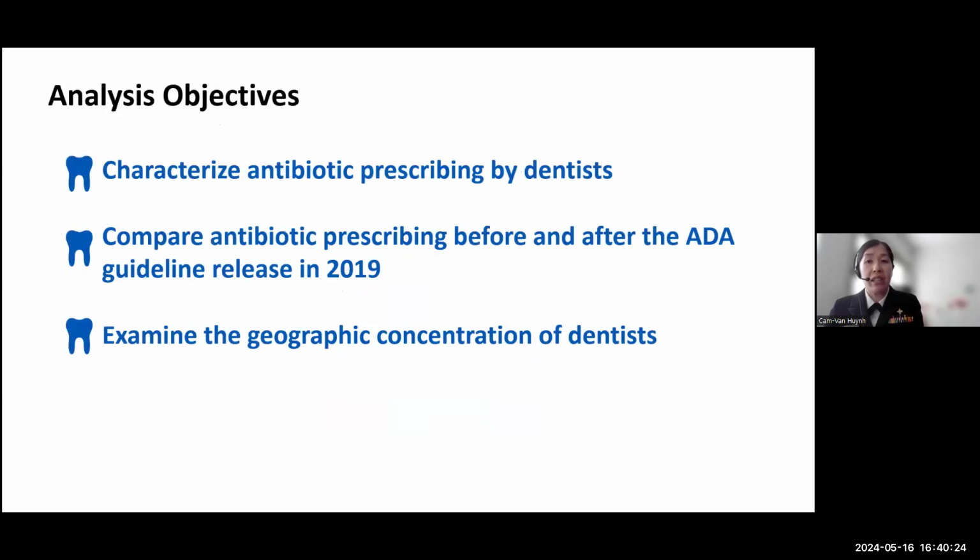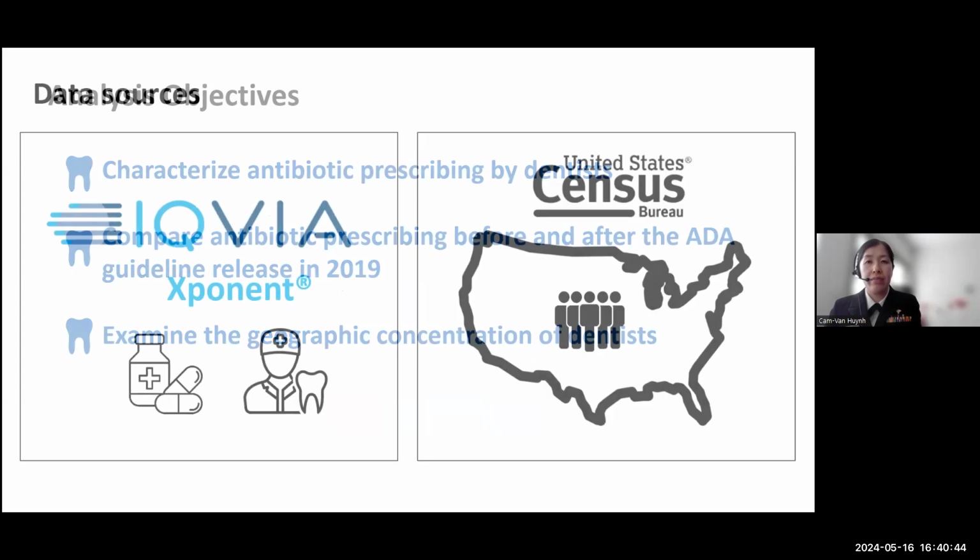And to look at recent dental prescribing patterns, we performed an analysis using national antibiotic prescription data. And our objectives were to characterize antibiotic prescribing by dentists in recent years, comparing antibiotic prescribing before and after the ADA guideline release in 2019, and examine the geographic concentration of dentists in the United States as an indicator of access to dental care.